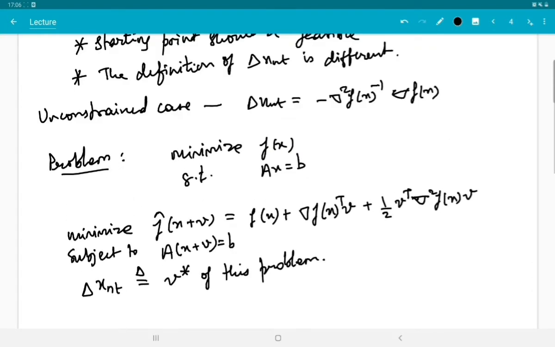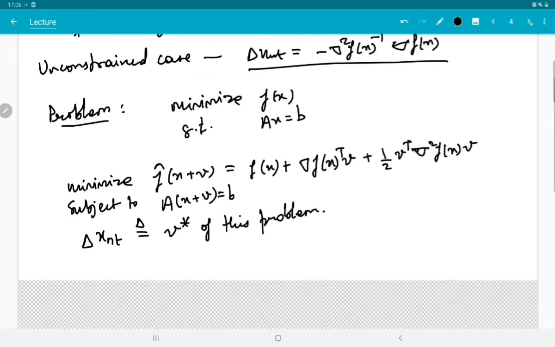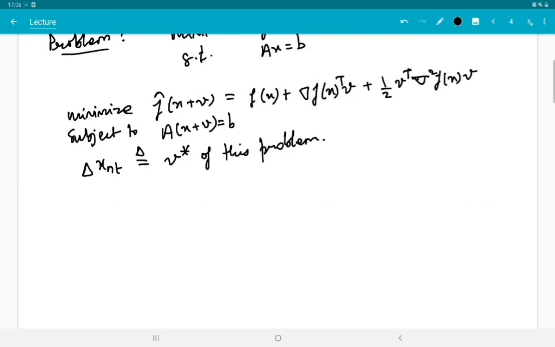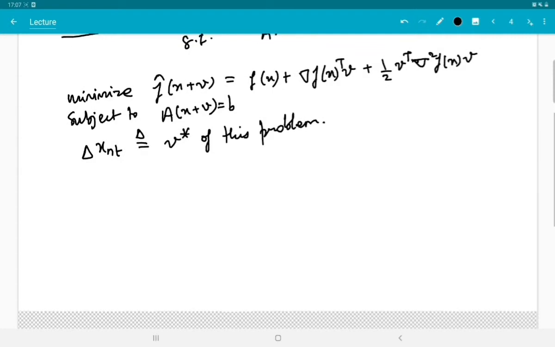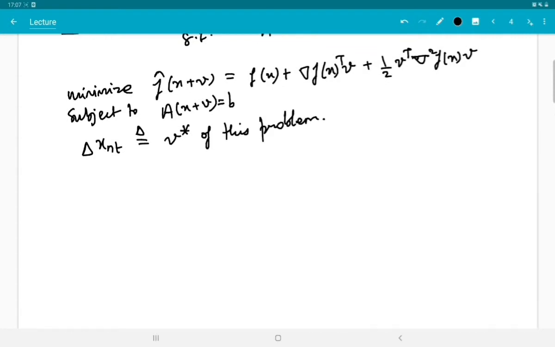So we had some explicit expression for delta x nt in the unconstrained case. Let us try to find if we have something like that in this case as well. For that we will use the quadratic program that we just solved. We have a similar formulation here as well.